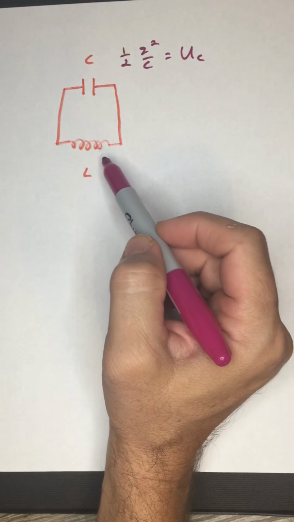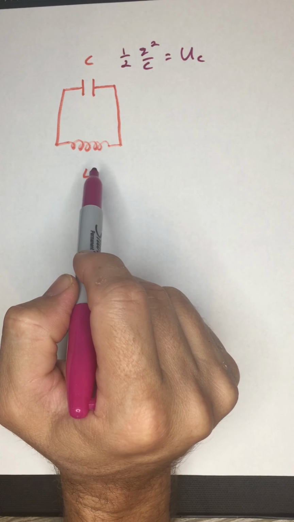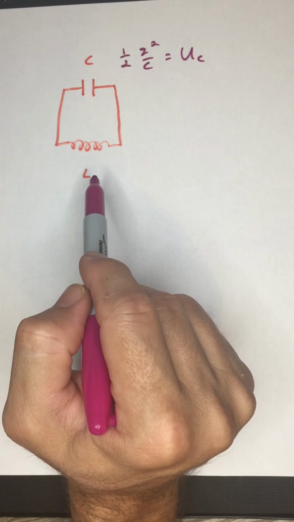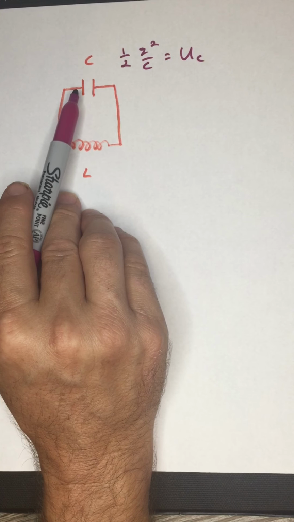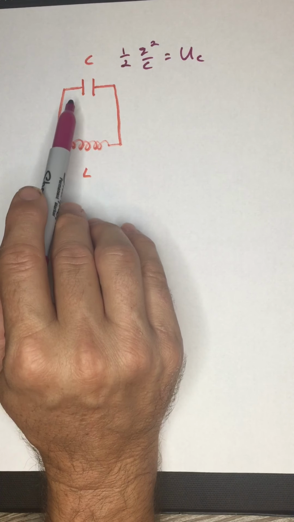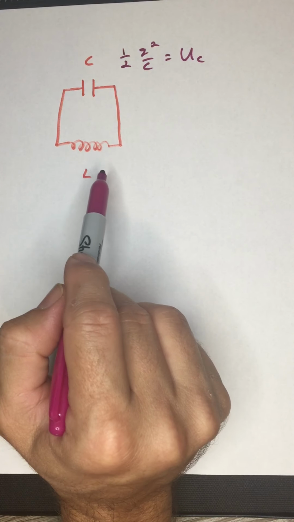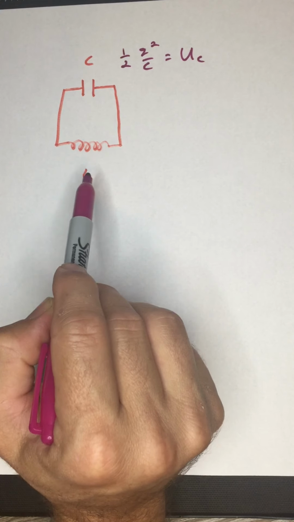Right? What has happened in the inductor? Well, I've induced a magnetic field. Therefore, I have energy stored in the inductor. Right? I started out with all this energy stored on the capacitor. As it discharges, the energy stored on the capacitor goes down, but energy can't just disappear. Where does it appear? It appears in the magnetic field of the inductor.